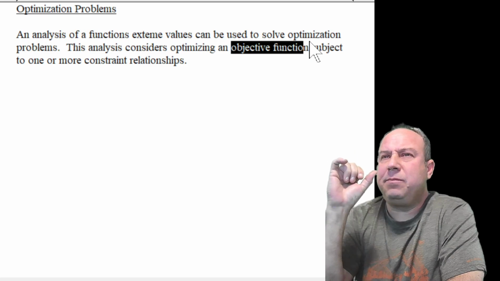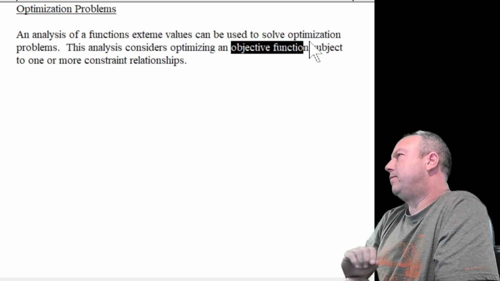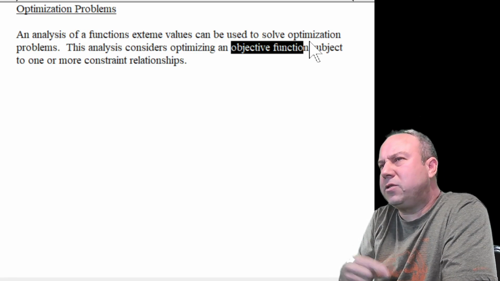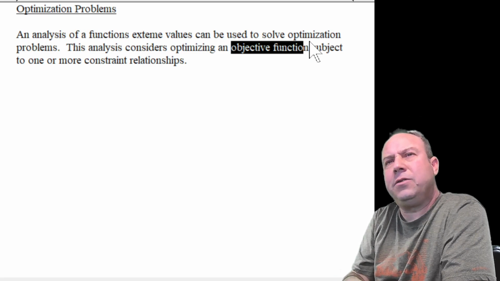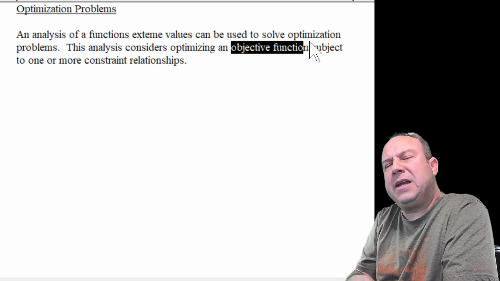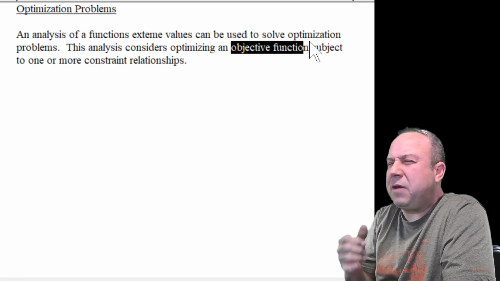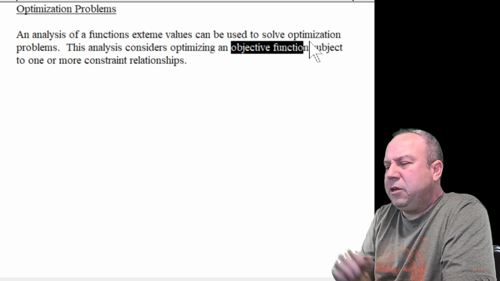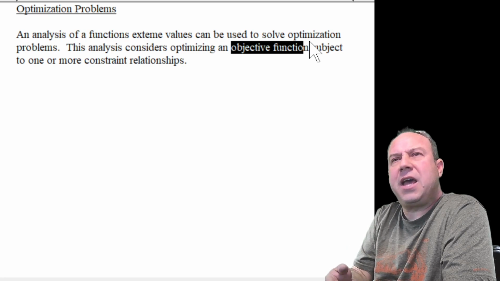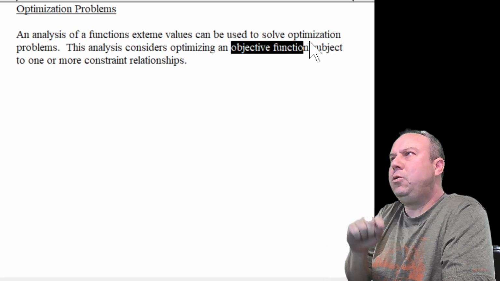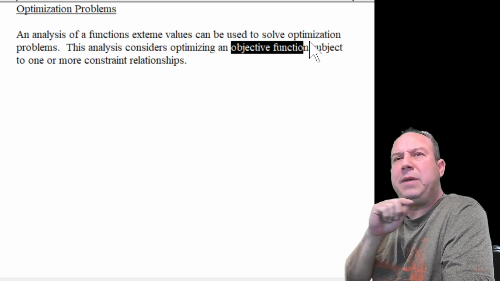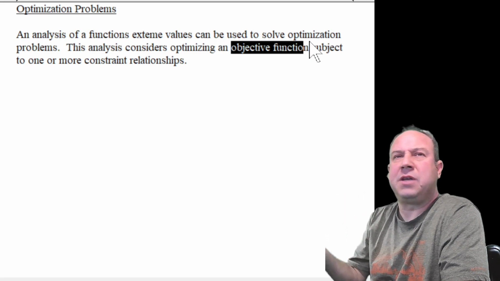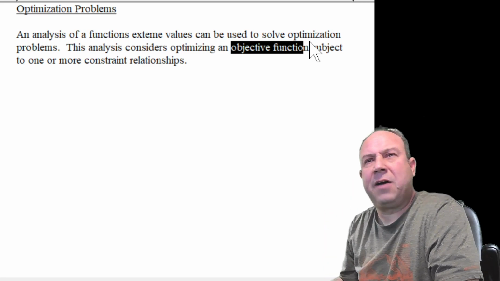Once we get that objective function written in terms of a single variable, we can use the first derivative to find the critical values, and then depending upon how we might consider that variable behaving over some interval, we can use first and second derivative techniques to determine extreme behavior for that function, and whether or not that's going to produce a maximum or a minimum value for our function.